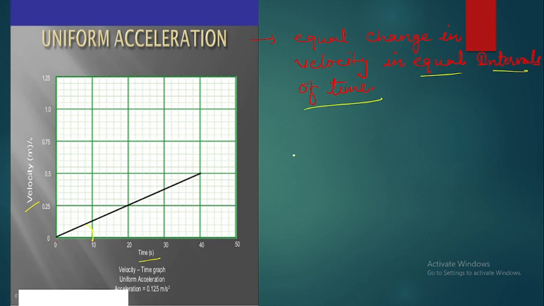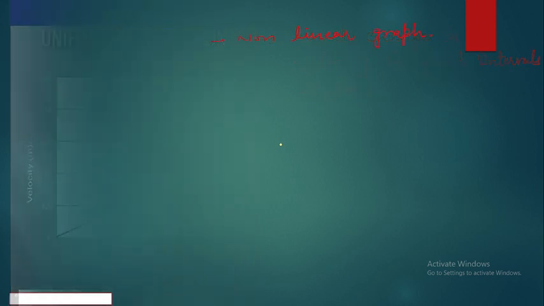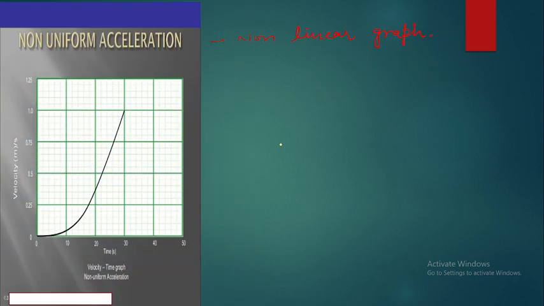Next, non-uniform accelerated motion. Non-uniform accelerated motion means unequal change in velocity in equal intervals of time, so it is known as non-uniformly accelerated motion.